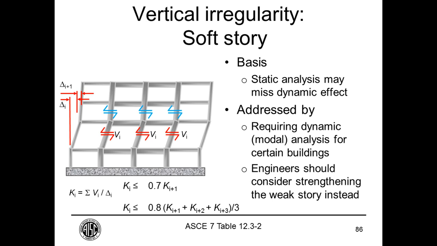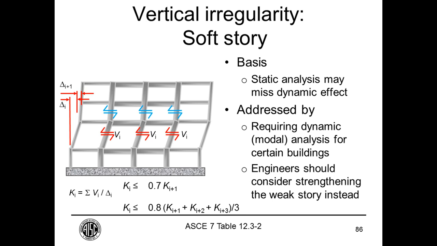But if we are 69 or 60 kips per inch at the red level, then we do have that irregularity. So the threshold is 70%. You can be a little bit softer than the level above, but if you're more than 30% softer, then there's going to be a dynamic effect that the code asks you to address via the dynamic analysis.